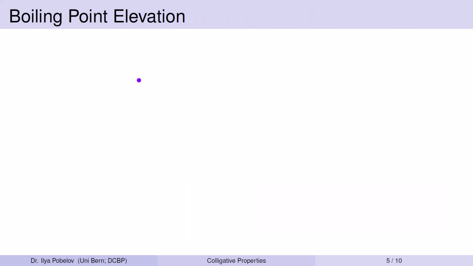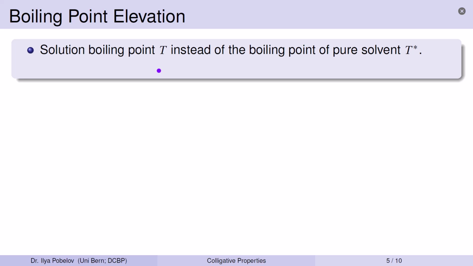Now, let us move on to the quantitative description. We start with the boiling point elevation phenomenon. When a solute is introduced into a solvent, the boiling point of the resulting solution differs from that of pure solvent. We represent the boiling point of the solution by T, which differs from the boiling point of the pure solvent, T star.